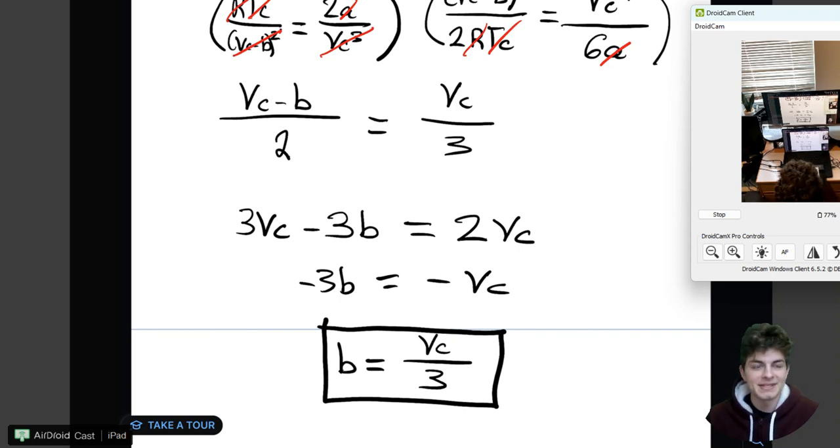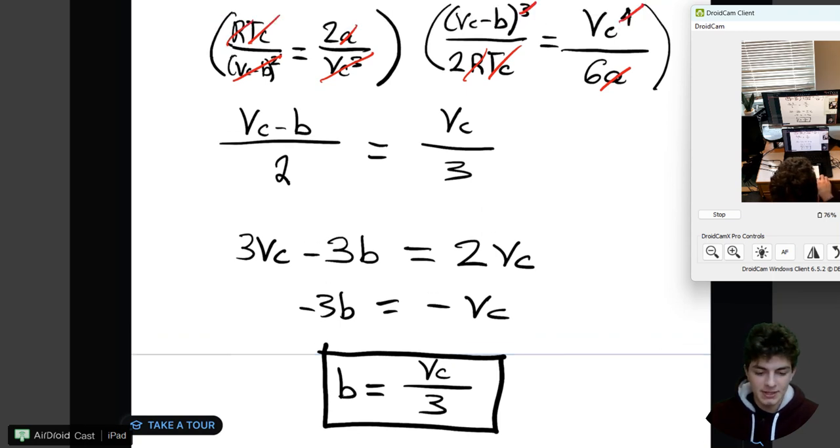Now, this does make intuitive sense, as I did say, if you remember back to earlier, that B is indeed some sort of measurement based on the volume that the actual gas molecules occupy. So, therefore, this equation for B makes good sense.